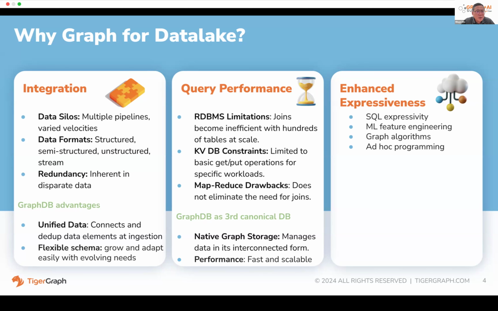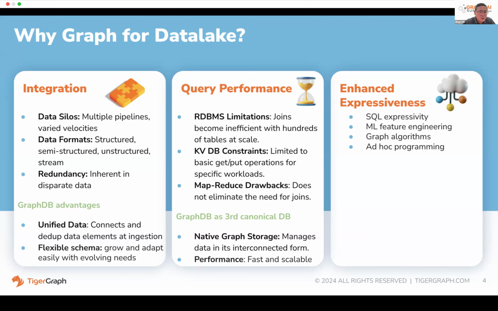And people are piling up their data into the data lake. Naturally, different departments and different teams try to ETL their data and store it in the data lake, and you have data silos, due to multiple pipelines at varied velocities pouring data into the data lake.